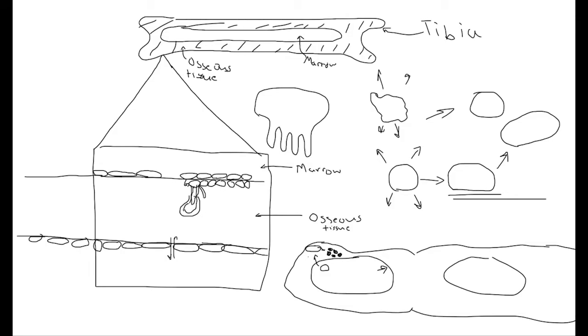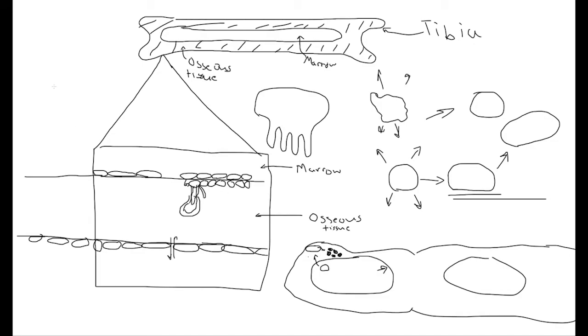Because all of these cells over here, the cells I talked about earlier, are producing osseous tissue, or parts of osseous tissue, so extracellular matrix, this cell is going to resorb the parts of the extracellular matrix. And that way you're constantly producing new bone, new osseous tissue.